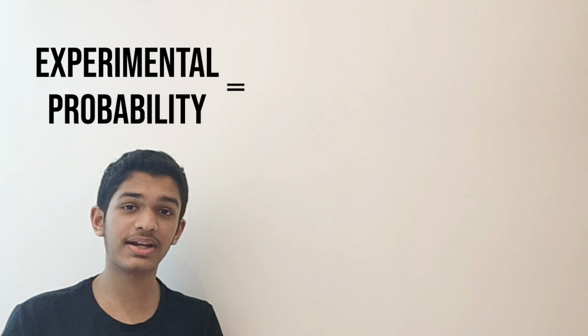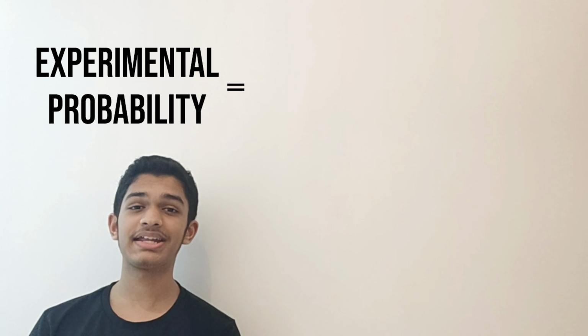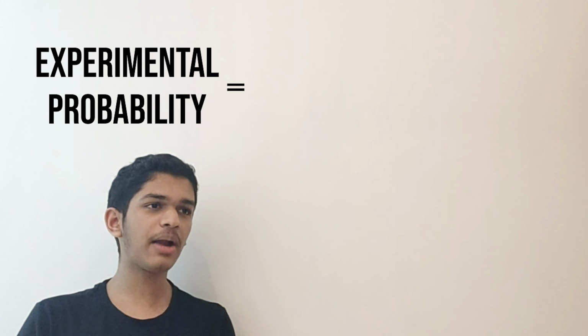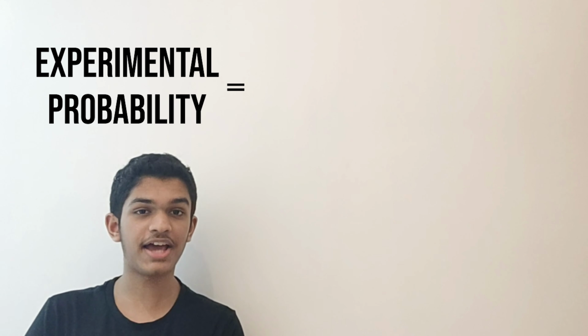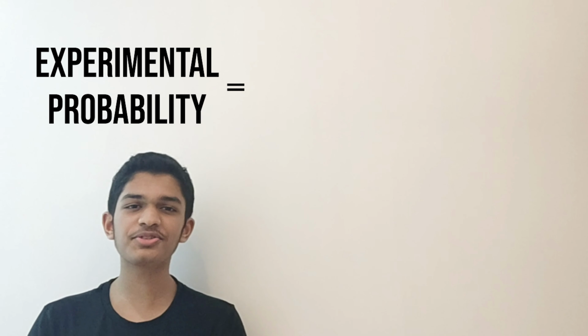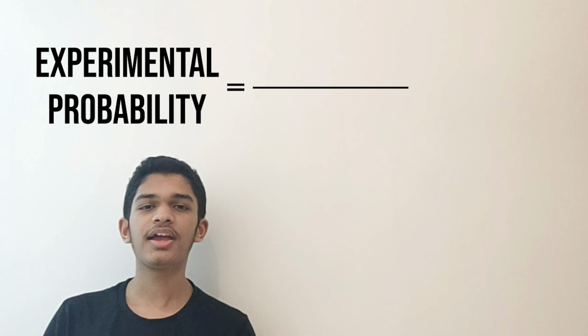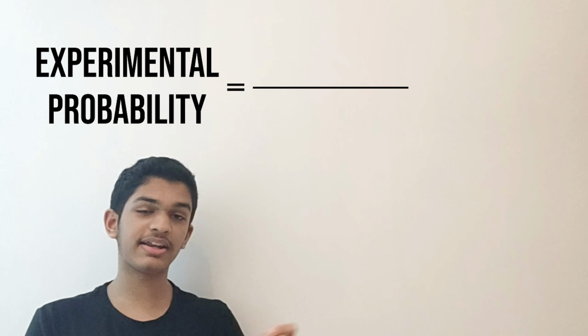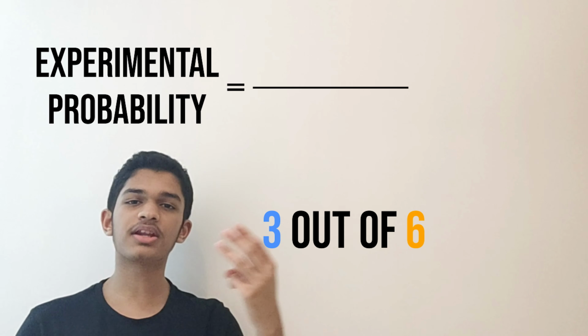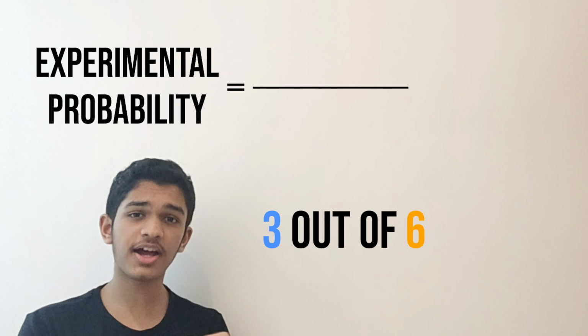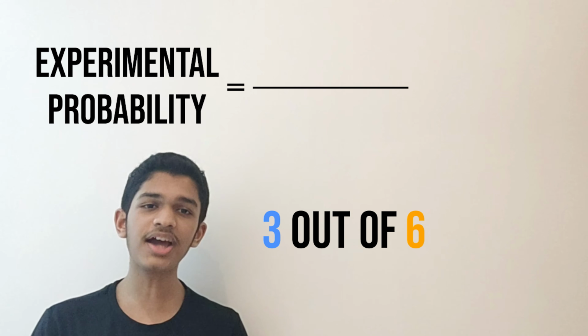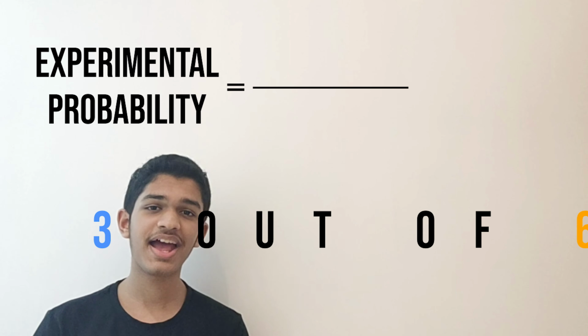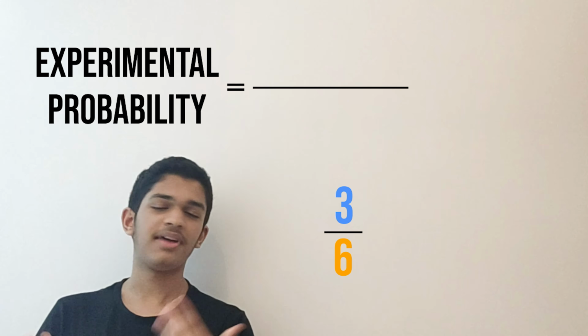But how do we calculate experimental probability in math? Well, it is simple. We know that probabilities are written as fractions. So this has to be written as fractions too. If you notice, the event of getting a 3 happened 3 out of 6 times. And as we know, 3 out of 6 can be written as 3 by 6. And there you go.